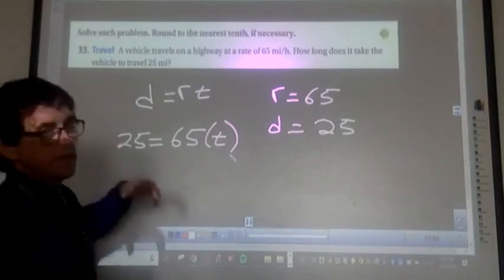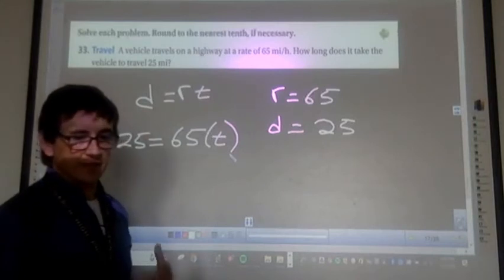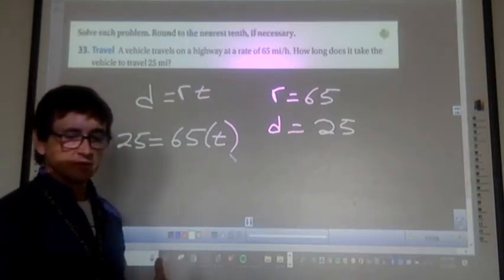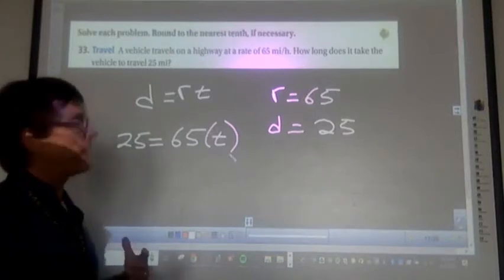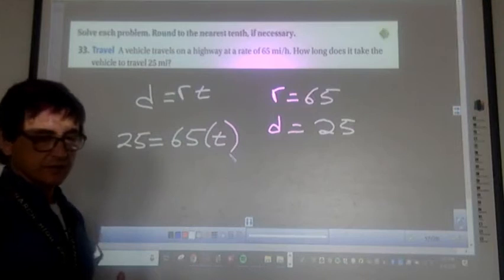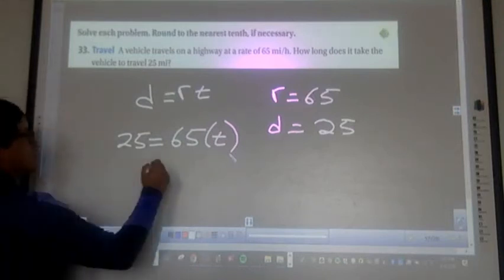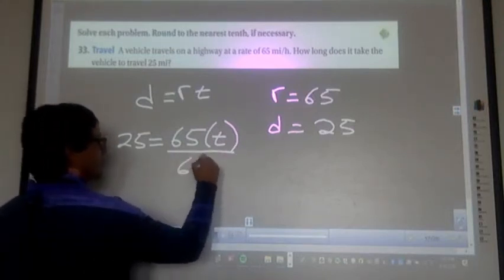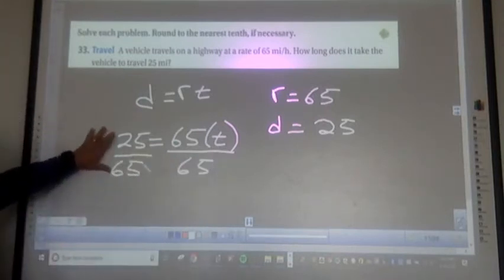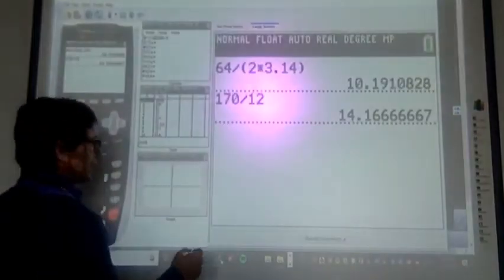If the car's going 65 and it goes 25 miles, is it going to take less or more than 1 hour? Car's going 65 and you're going 25 miles. Less. Less, good. So you just want to kind of think along the way as you're doing these problems, because that's going to be a fraction that's less than 1. So you know you got it right.